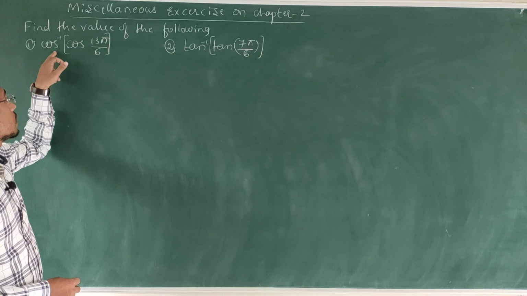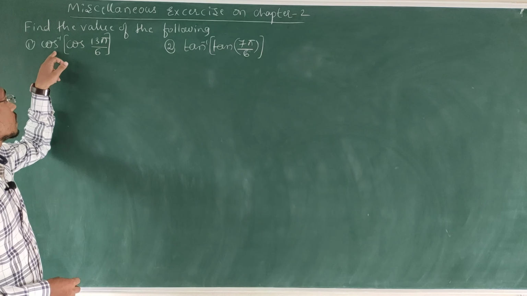So our question is cos inverse of cos 13 pi divided by 6. Now this is equal to, keep cos inverse and cos as it is. Now the changes we have to make are in this angle. 13 pi is there.